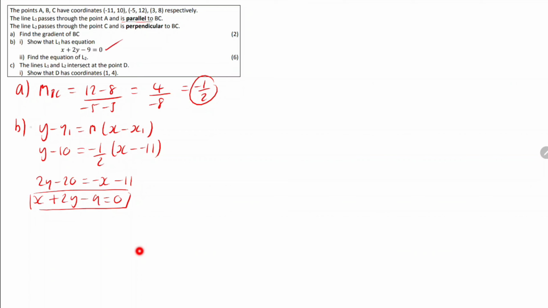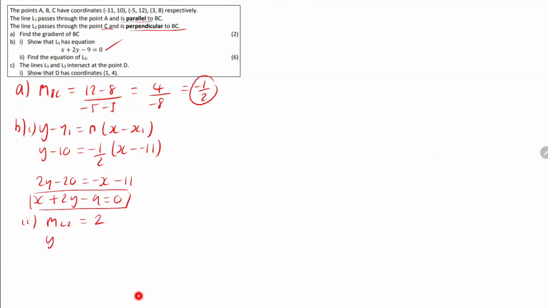So for part 2 of B, we have to find the equation of L2. Let's go back and read the conditions for L2. It passes through point C and is perpendicular to BC. So for this one, to find the gradient of L2, we must find the perpendicular gradient. So we take the reciprocal of minus a half and make it positive, so the gradient is 2.